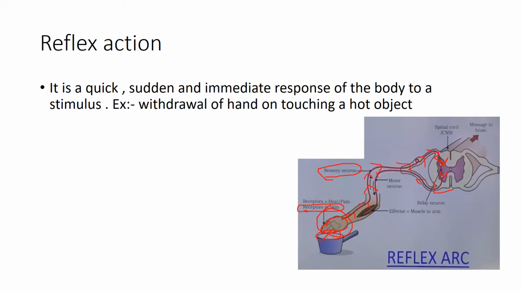Why is it called a motor neuron? Because a motor neuron sends information from the brain or spinal cord to the body part.